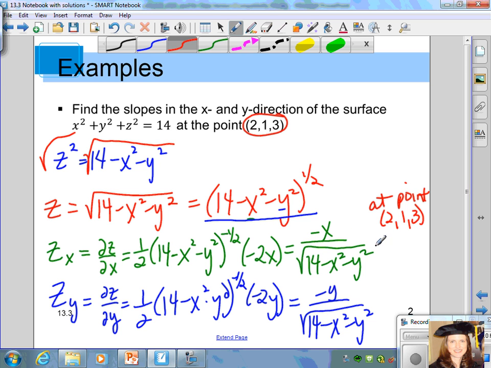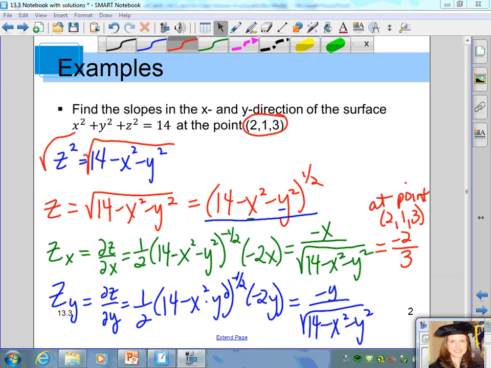The partial derivative with respect to x will be negative 2 divided by the square root of 14 minus 2 squared. 2 squared is 4, so that's 14 minus 4 is 10, minus 1 squared is 9, square root of 9 is 3. So the slope in the x direction is negative 2/3.